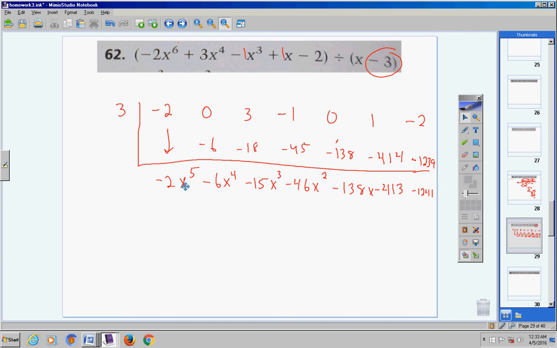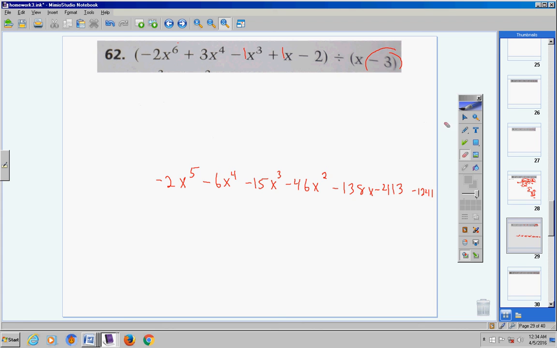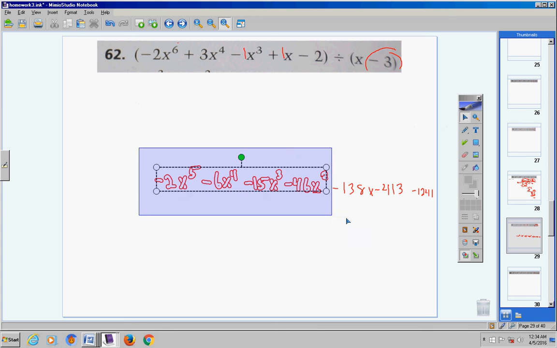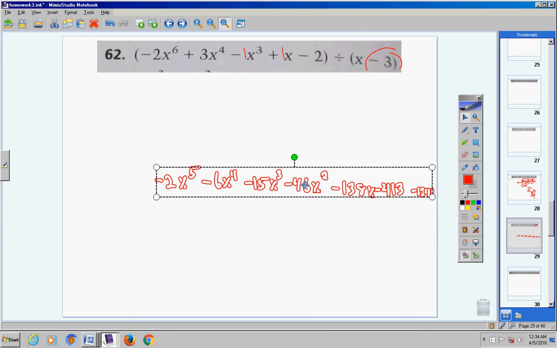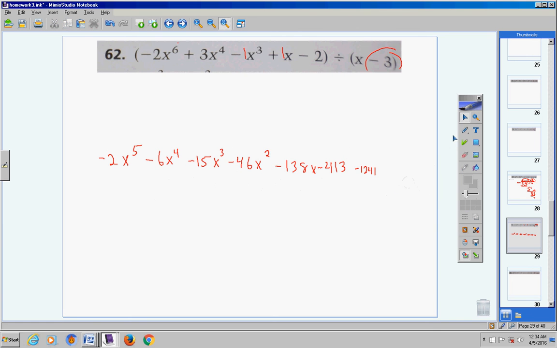Let's get a little bit of room here, guys. That's your remainder, so plus, and put your remainder over x negative 3.